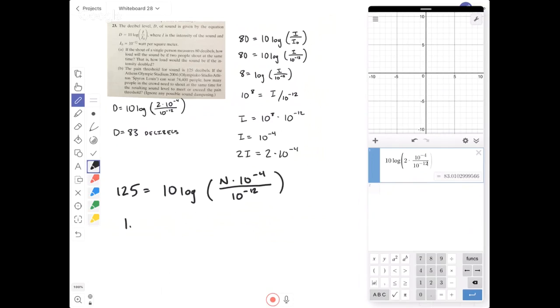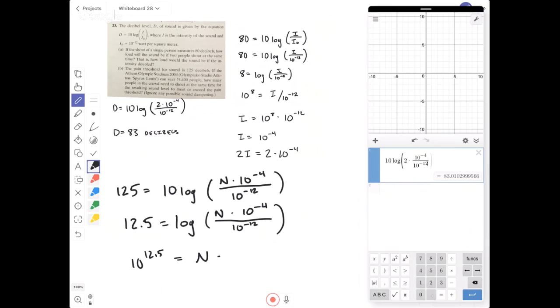So dividing by 10, 12.5 equals log of N, the number of people shouting, times the intensity of 1 person shouting, 10 to the negative 4th, over 10 to the negative 12th. So that means 10 to the 12.5 equals N times that ratio. Can we divide 10 to the negative 4th by 10 to the negative 12th?